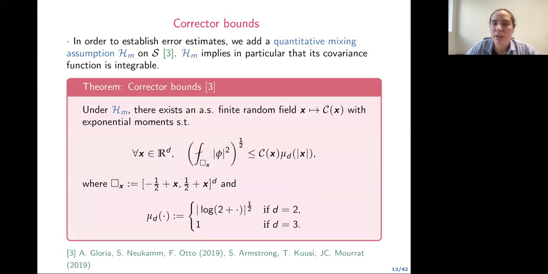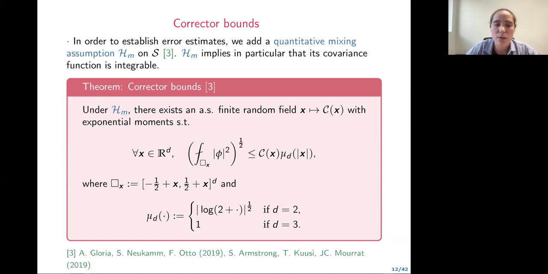So with this in mind, what we want to do is construct an approximation of u_epsilon and be able to estimate the error that we make. In order to establish error estimates, we need a little bit more than just stationarity and ergodicity. We need a quantitative mixing assumption. So what does it mean?